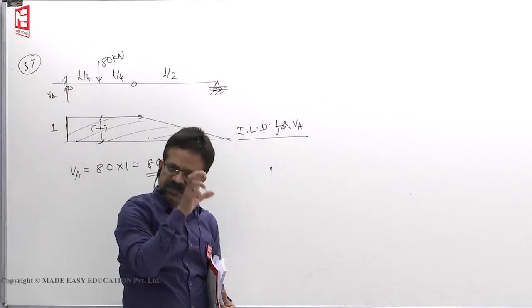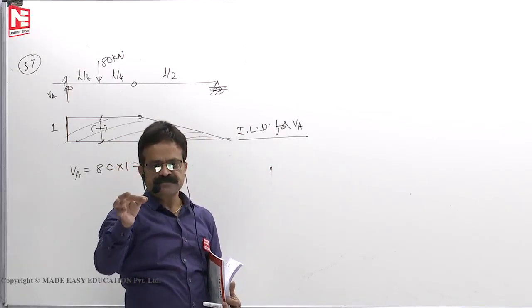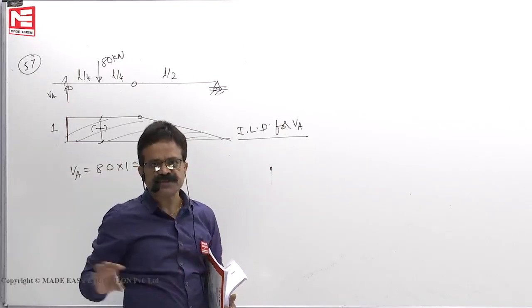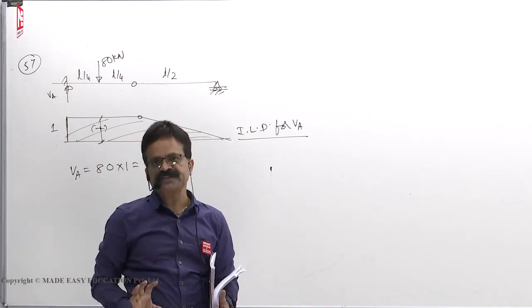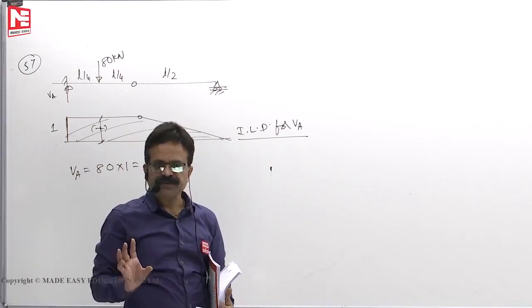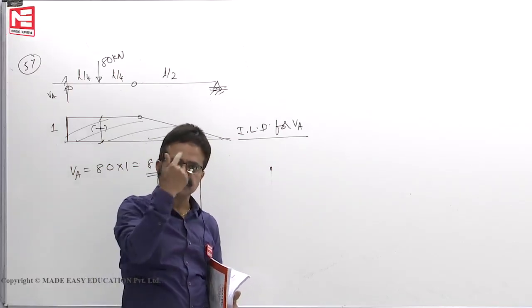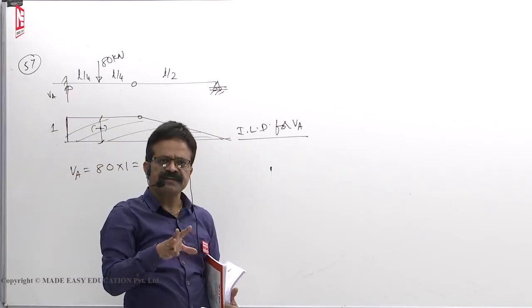You must thoroughly read it. Load it in the first system, load in the second system. P system of forces, Q system of forces. The P system of forces into displacements in the Q system must be equal to the Q system of forces work done due to the P displacements. So that reciprocal is valid.